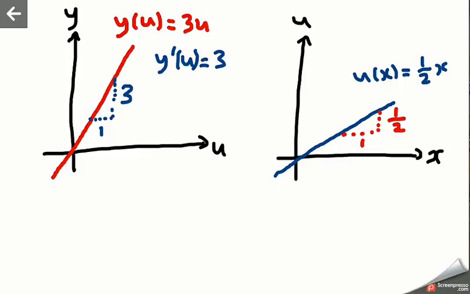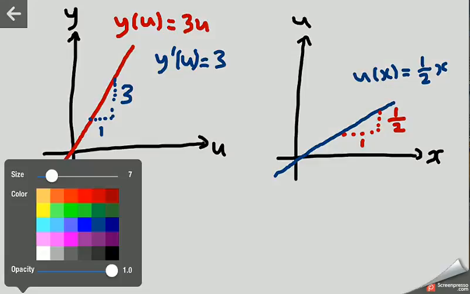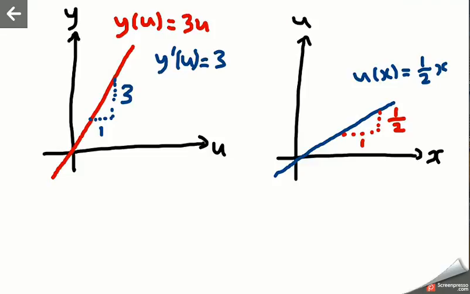So that's pretty important, because now we're going to make an observation. Well, if we have that f of x is equal to y of u of x, then y of u is 3u, and u of x is half x.